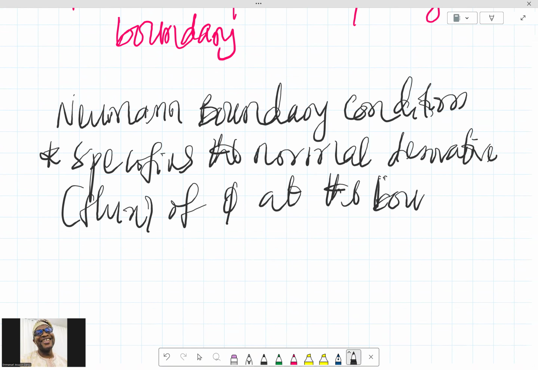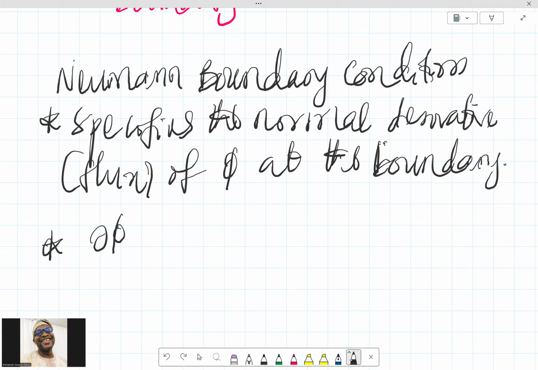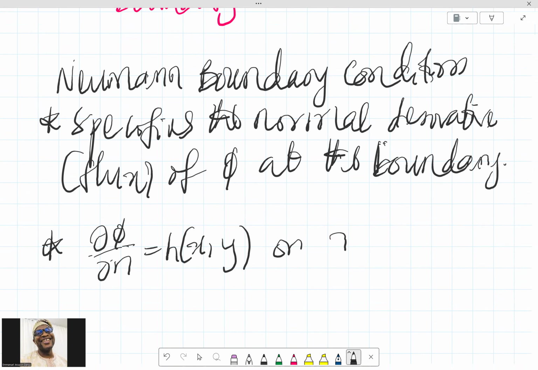So instead of talking about temperature here, you're talking about the heat flow or flux. Then the mathematical form is partial phi partial n equals h of x comma y on partial omega.